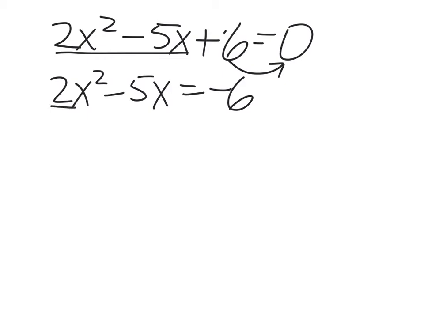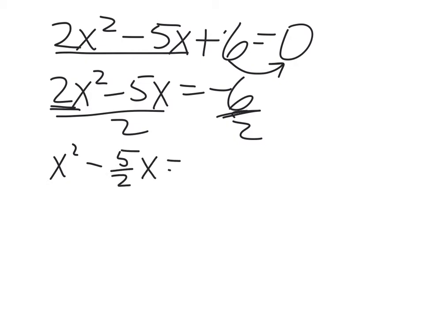To get 1 as the coefficient of x squared, we could either think divide by 2 on both sides or multiply by 1/2. Whichever the case may be, probably easiest to see this way, we end up with x squared minus 5/2 x equals -3.